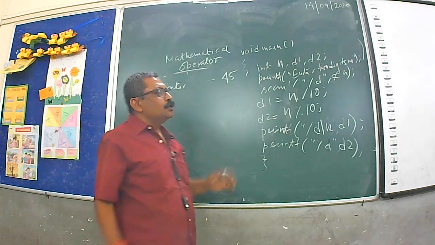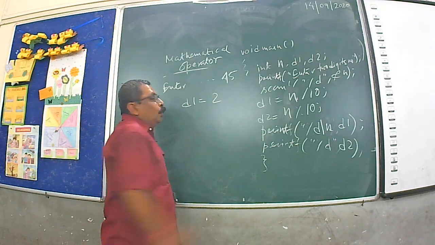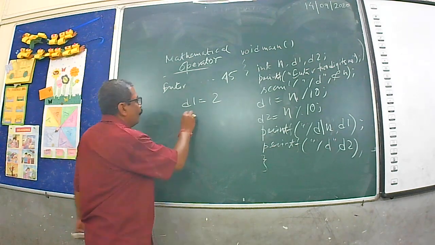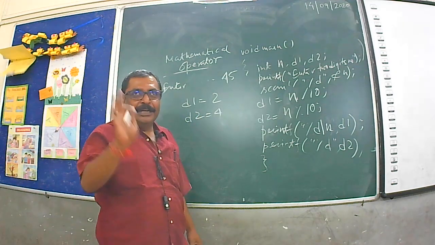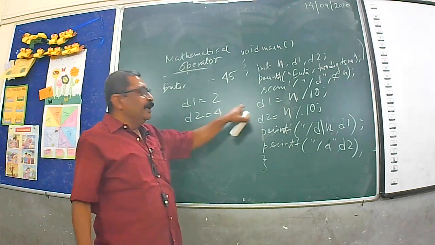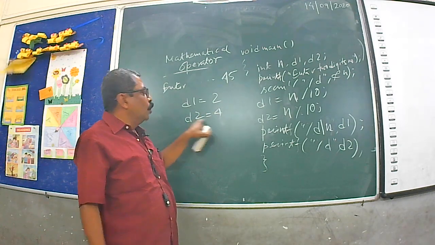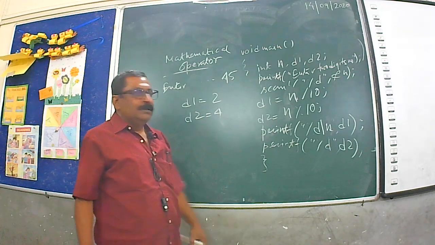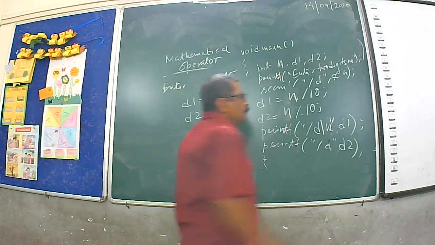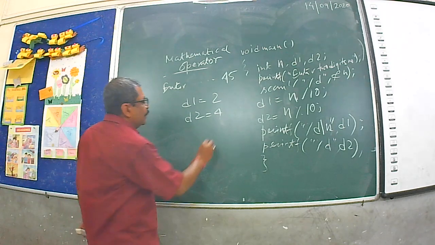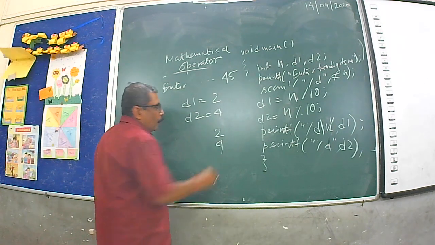Now, here D1 stores 2, D2 stores 4, that is the inner calculation. Ultimately the compiler calculates the value of D1 as 2 and D2 as 4. Then it will print %d backslash n within double quotes, D1, that means it will print 2 and on the next line it will print 4.